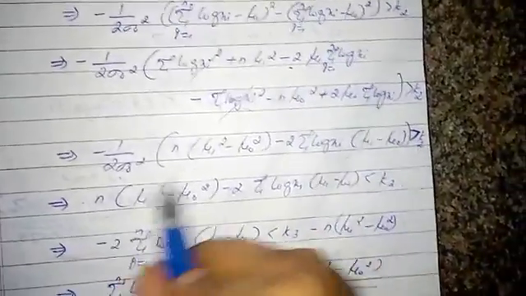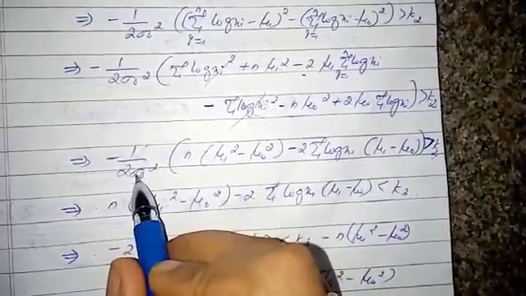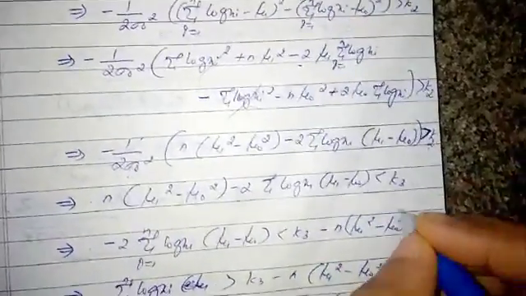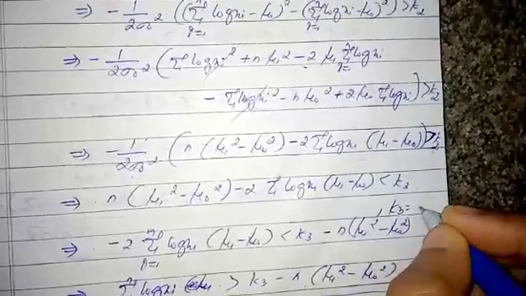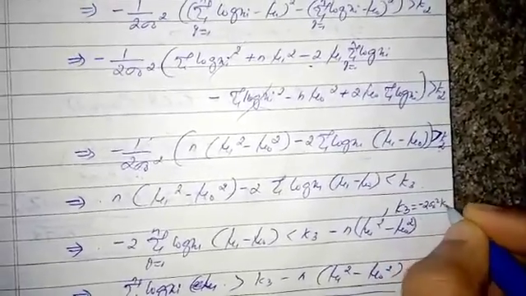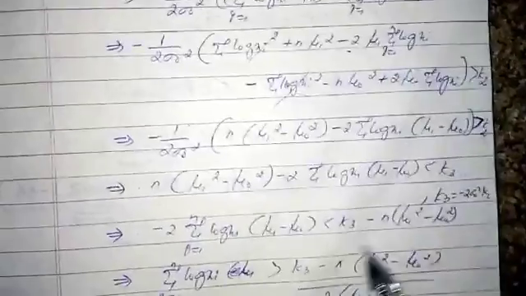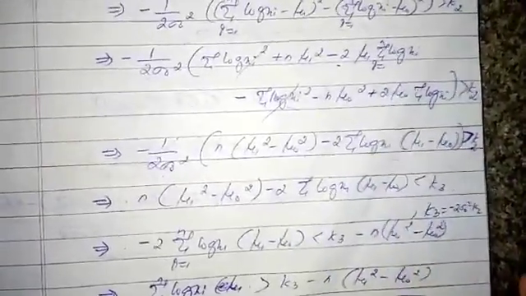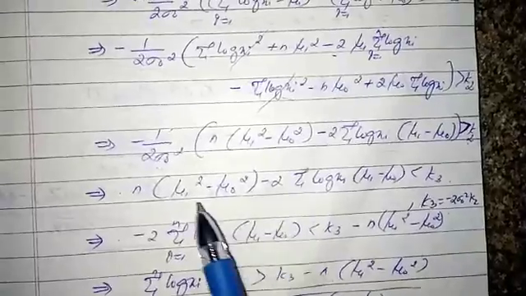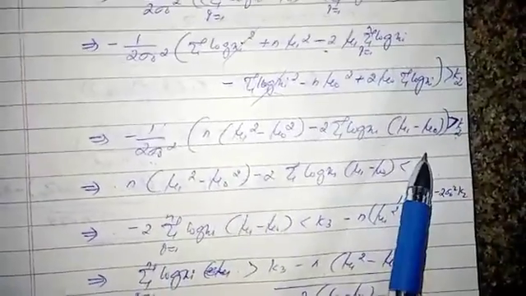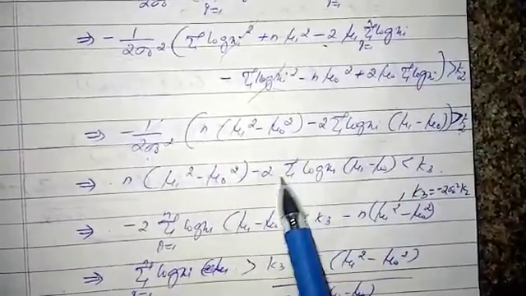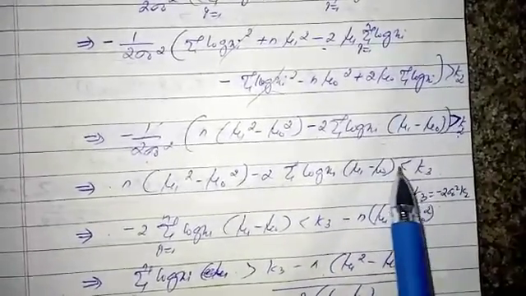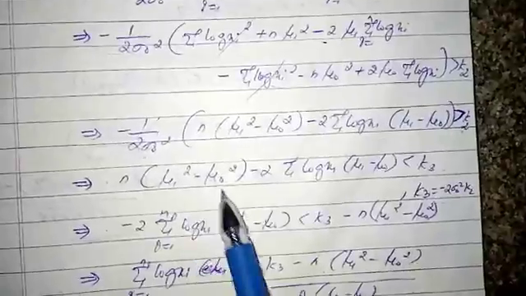Then this term cancels, and the same term is less than k3, where k3 equals minus 2 sigma naught square k2. The sign changes because it was multiplied by a negative sign. Then we take the remaining term, minus 2, which is less than k minus this term.